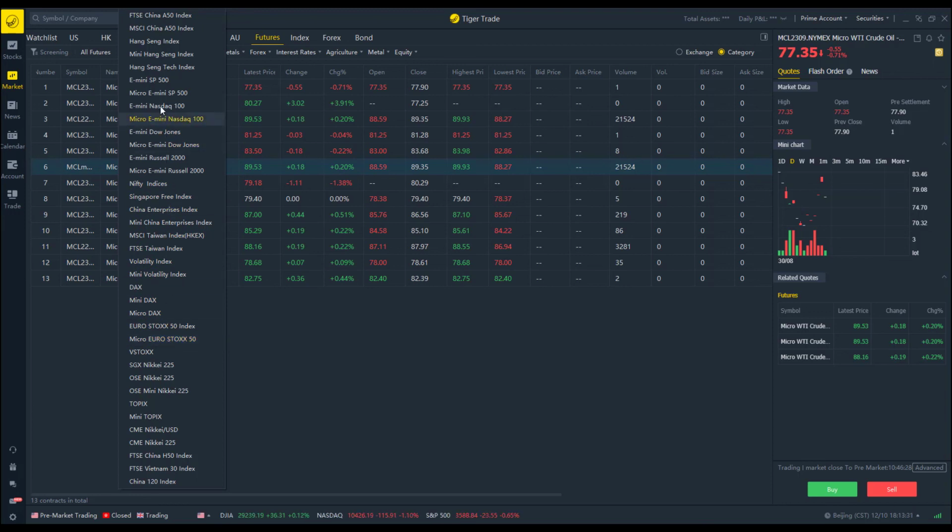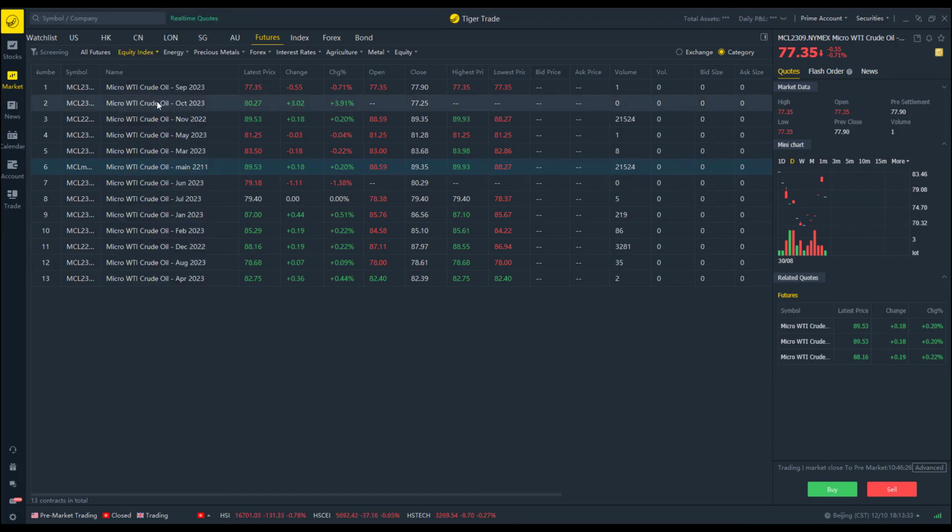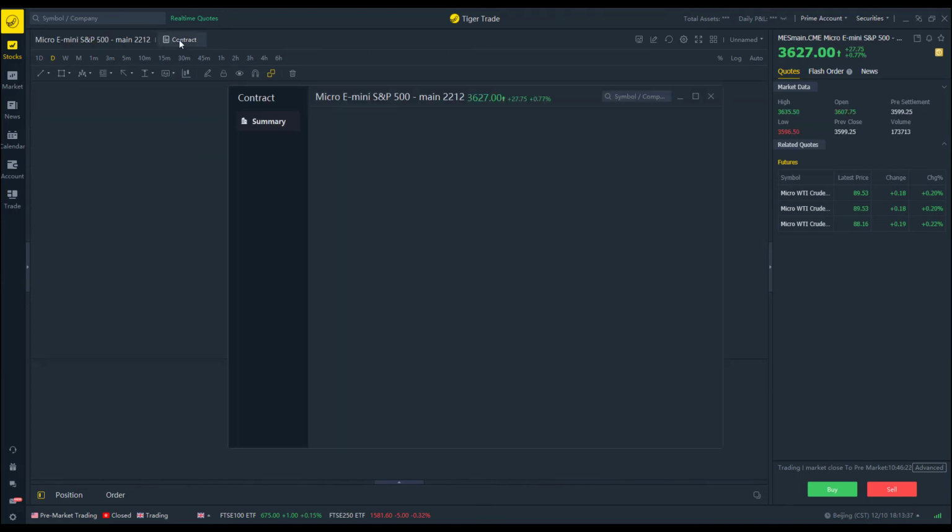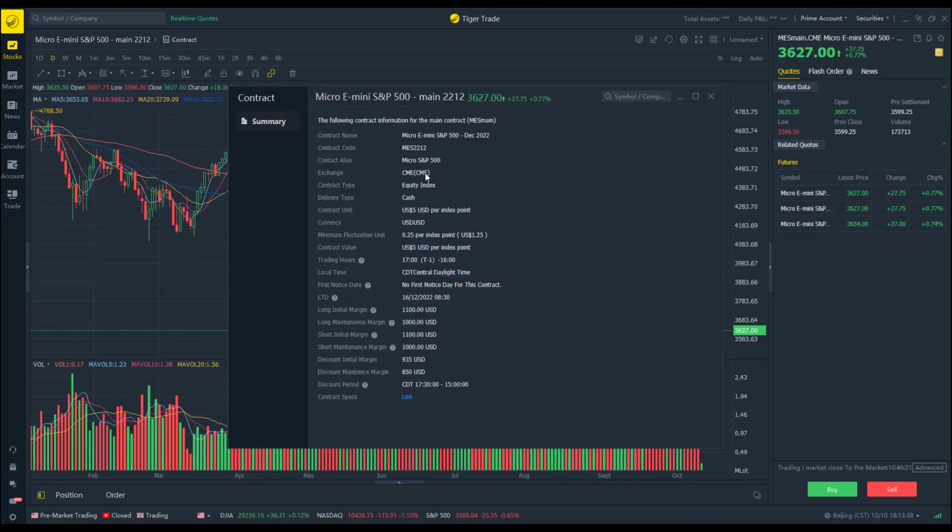So let's just have a look at the micro E-mini, see how much that will cost us to play with. Same process, and it's $1,100. So the answer to that question is, if you want to get started trading, I reckon if you've got $2,000 in your account for futures trading, then that will be a sufficient starting amount to get you going.